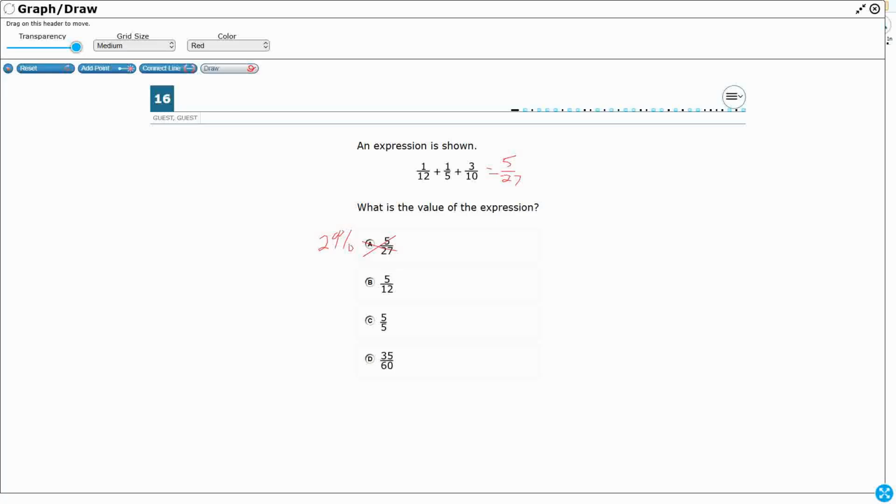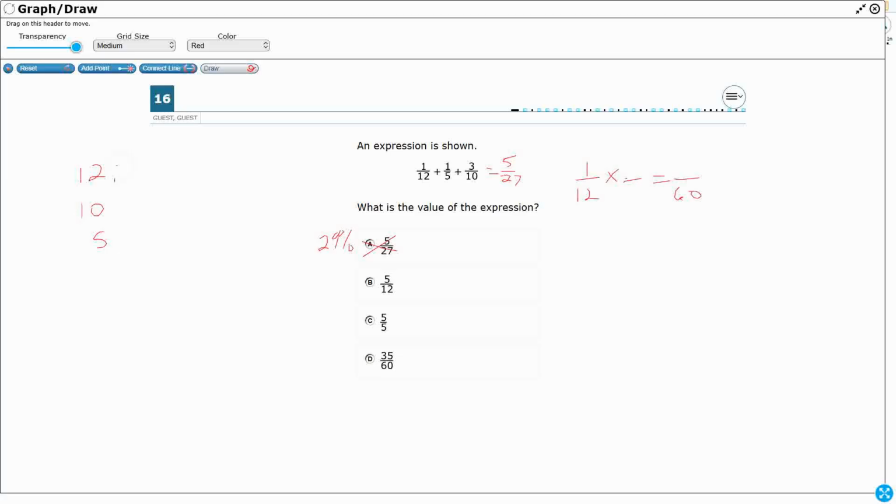We need to have the same denominator, and so the easiest thing to do would be to multiply the two largest numbers and see if that's divisible by 5, but I can actually get a little bit closer. I can get to 60. If I'm listing out my 12s, my 10s, and my 5s, we need to know our multiples. 60 is going to work. So this is what I can think of. I can think of 1/12 times something is going to give me 60, but that's the real work.